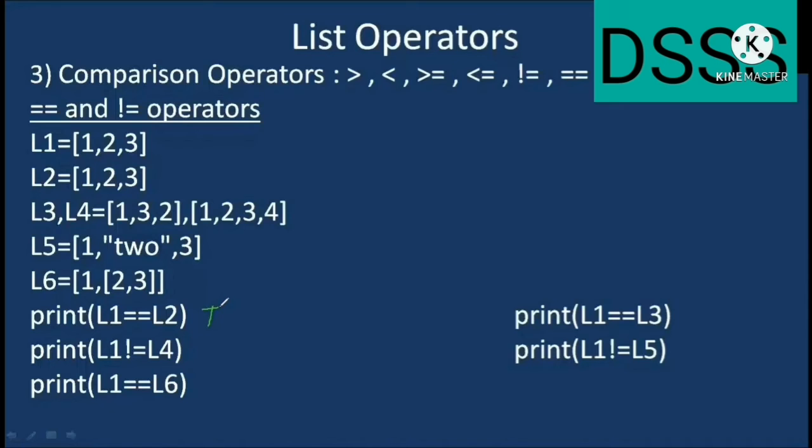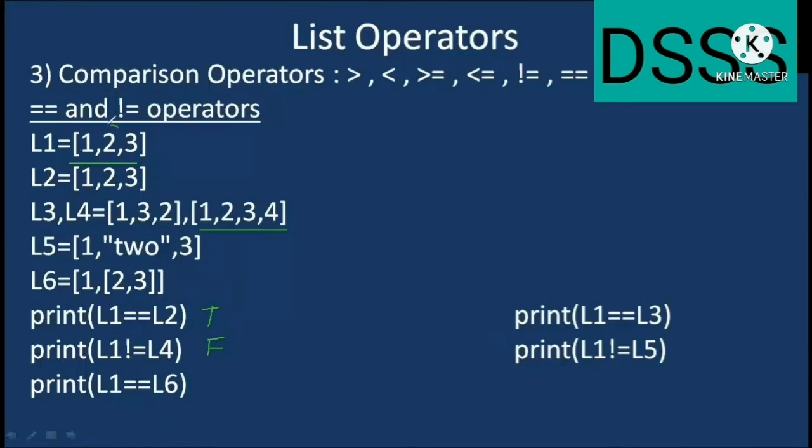If in one list the element at a location is an integer and in the other list the same location has a string, that is not comparable, and that scenario gives false.